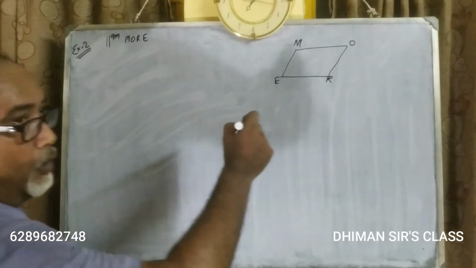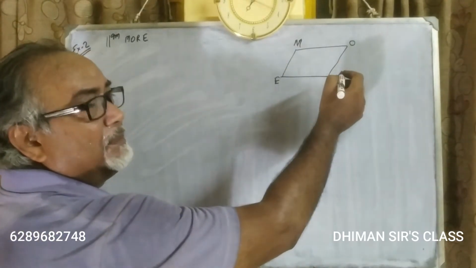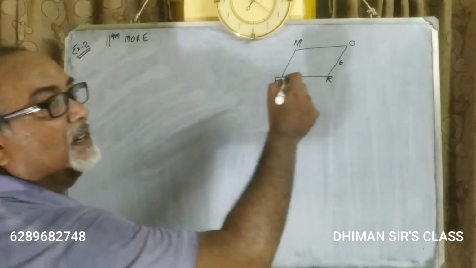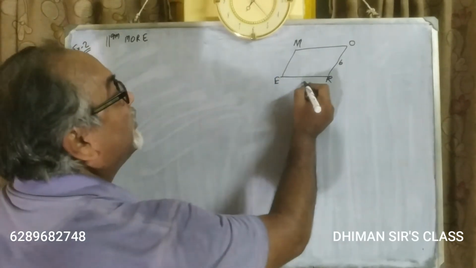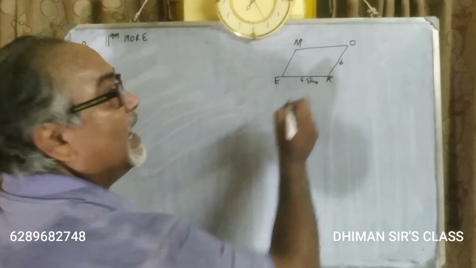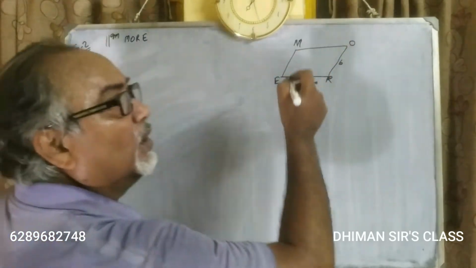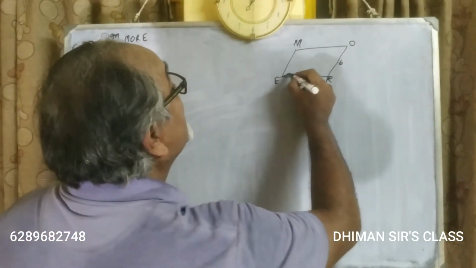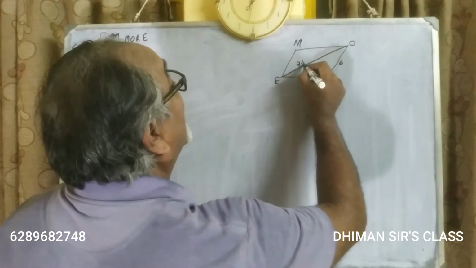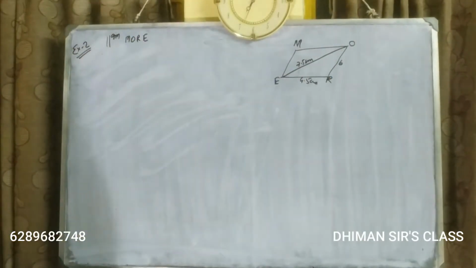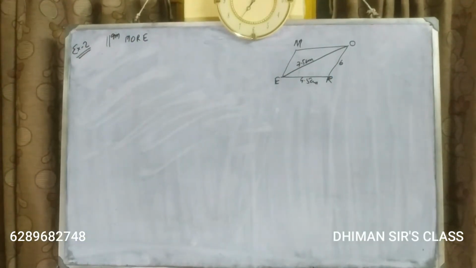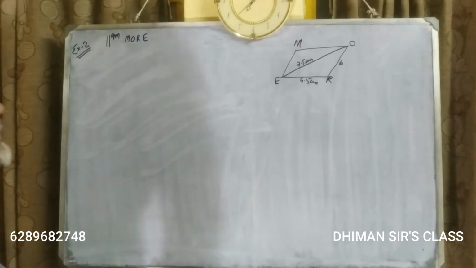So OR let it be 6 centimeter and ER be 4.5 centimeter and OE 7.5 centimeter. Clear? Now let us draw the lines.